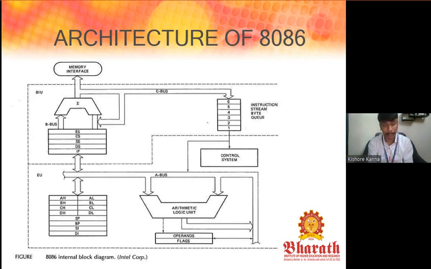The data bus will acquire it and process it according to the control of the control system. Here the control system works as a controller which controls the internal function of the microprocessor. According to the commands of the control system, the instruction which is picked up as input will be processed and given to the data bus and address bus.